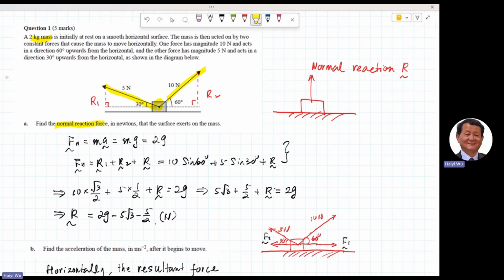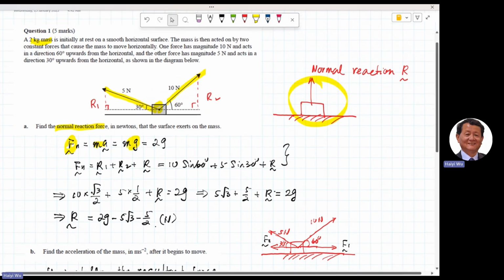First, we know the normal reaction force is equal to m times g, gravity, in the opposite direction. That's the diagram I'm going to use. Normal reaction means the object sitting on the surface, pointing vertically up.